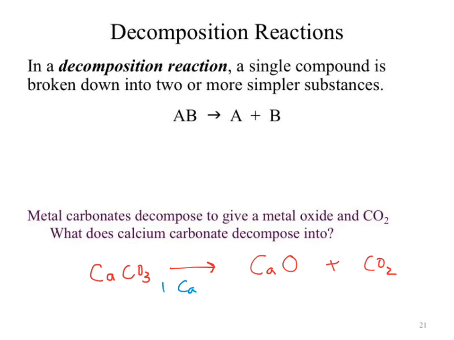Calciums, we end up with 1 and 1. Yep. Carbons, we have 1 and 1, which means we hope that oxygen better come out balanced. So what happens? Oxygen has 3 on the left, and on the right we have 3 as well. 1 coming from our calcium oxide, 2 coming from CO2. Gets us a total of 3.